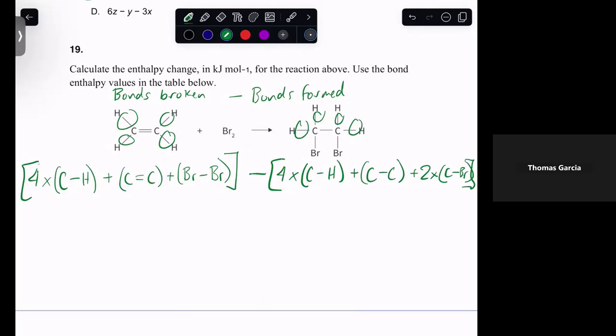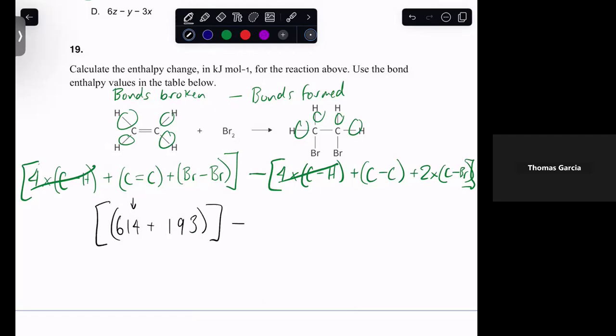Now we can simplify it because the carbon hydrogen, 4 of each on each side, will cancel out with each other. And we just end up with a much nicer value of carbon double bond carbon, which becomes 614, plus bromine single bond bromine is going to have a value of 193.